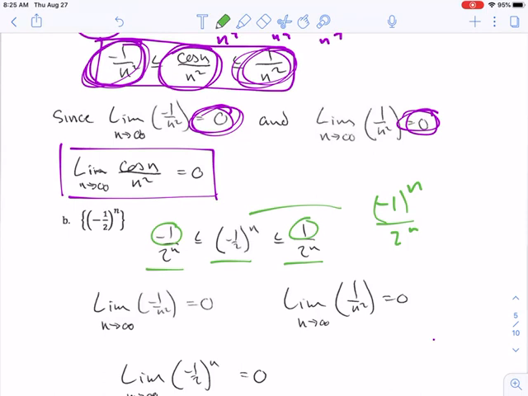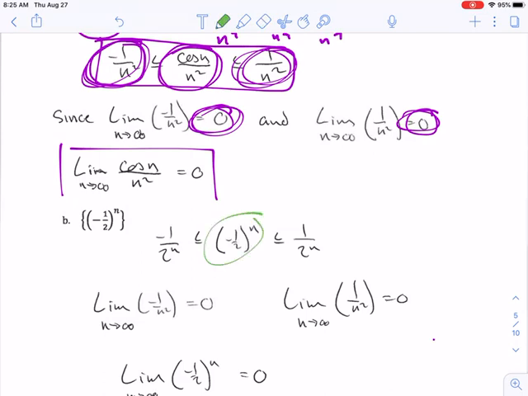So again, to rewrite this a little bit, we can rewrite this as -1 to the n over 2 to the n, which is less than or equal to 1 over 2 to the n, but greater than or equal to -1 over 2 to the n. The denominators are all the same.